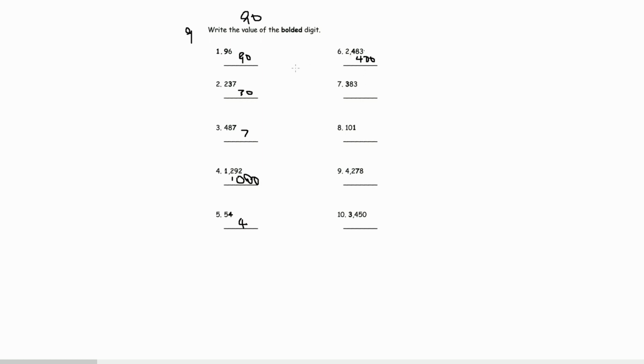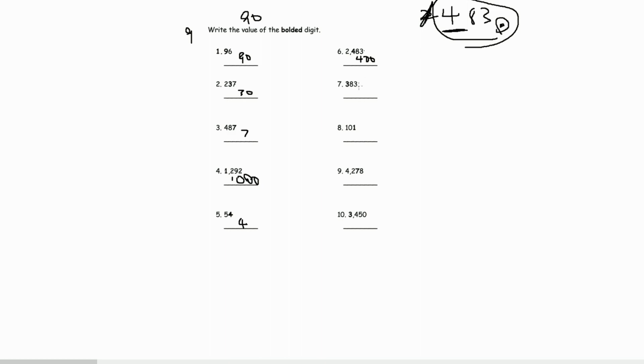The number before it doesn't really matter. Let's say 2,483, the dot is right here, so we're looking at 4. The 2 doesn't matter because we only need to figure out how many digits from the dot to the bolded number.